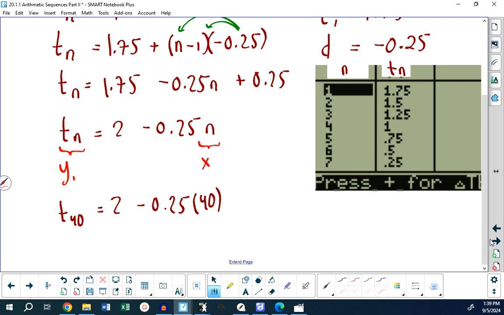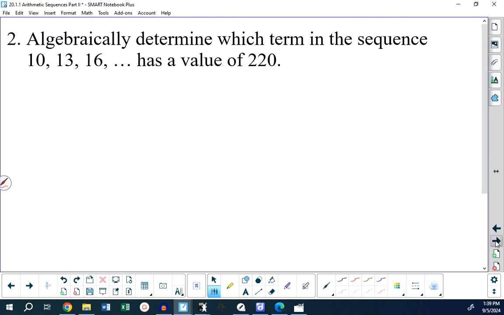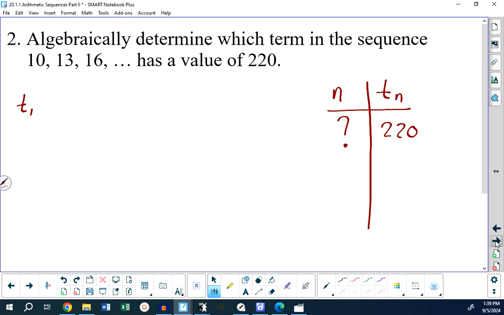And I want to make a note here that in this question, that was the question, wasn't it? Okay. All right. In this question, that's what it's asking. It's asking where are we going to find 220 for a term value? Okay, let's keep that in mind. The first term is 10. The common difference is 3.